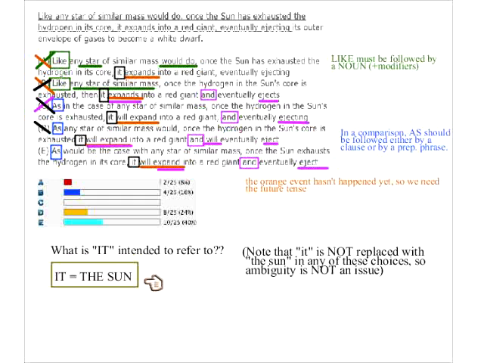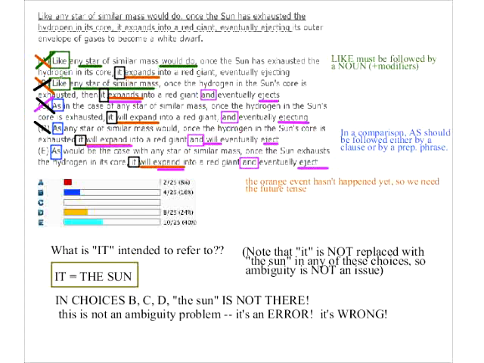From the meaning of the sentence, it is clearly intended to refer to the sun. So if the sun is not there, we don't want to waste our time assigning things. In choices B, C, and D, the sun is not there. Okay, this is not an ambiguity problem. It's wrong. It's an error.